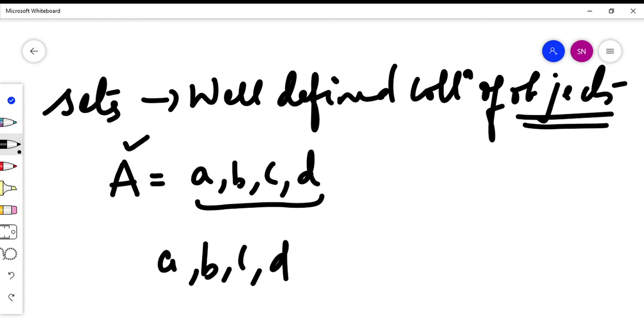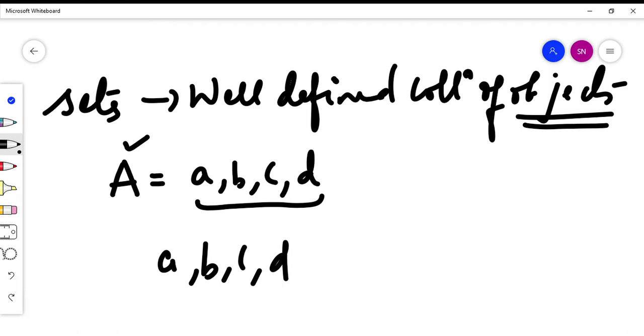So there are three different synonyms. You can call them objects, members, or elements. I am comfortable calling them elements because for years I have used elements when talking about the different objects in any set.